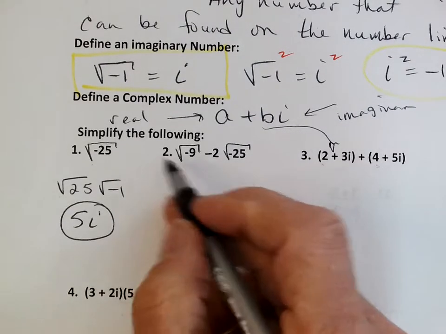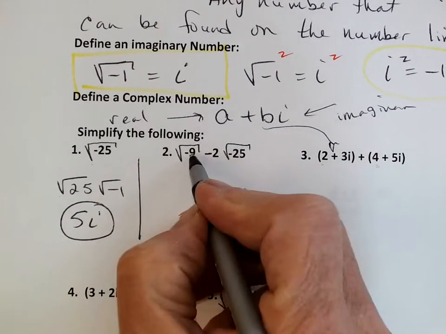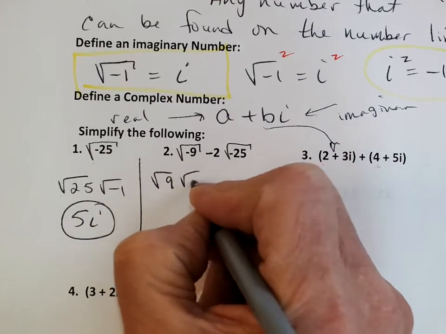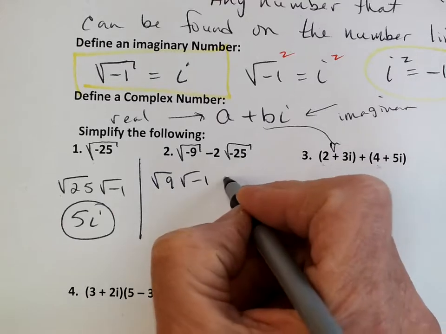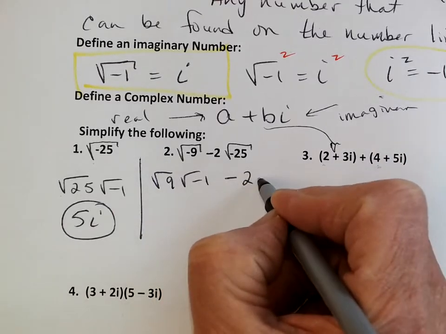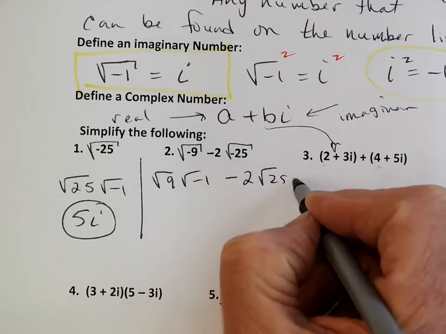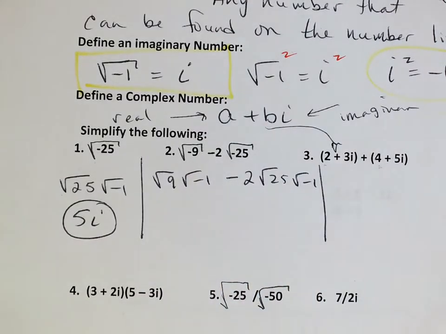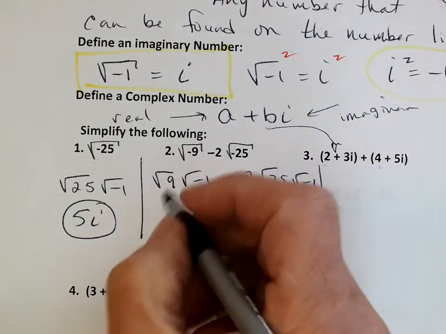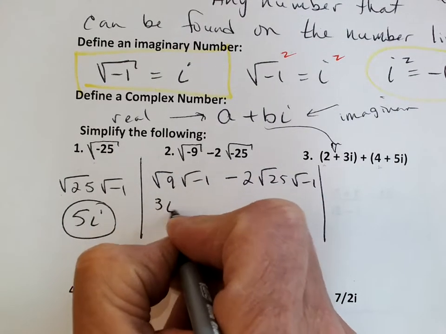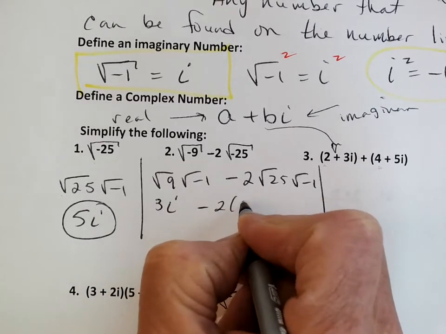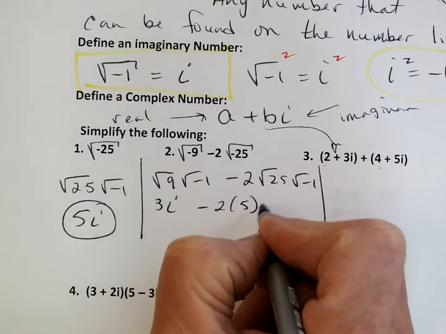Example 2, I've got to do a little simplifying. I'm going to rewrite this as the square root of 9 times the square root of -1, minus 2 times the square root of 25 times the square root of -1. Which is 3i minus 2 times 5i.